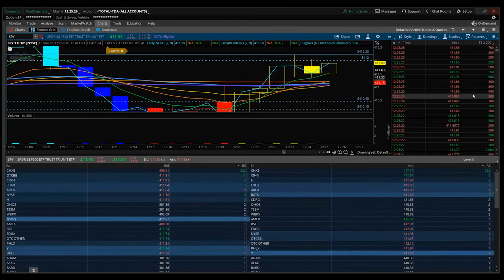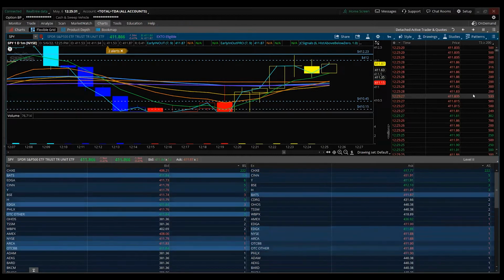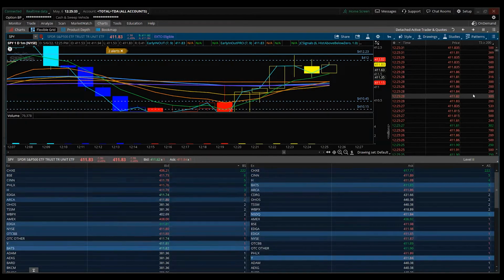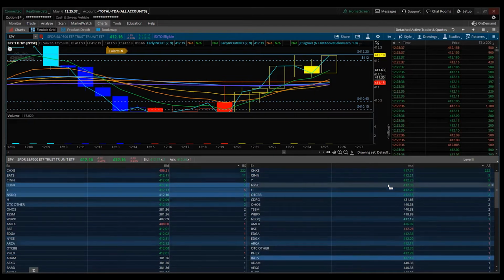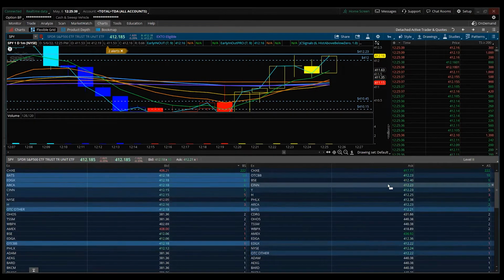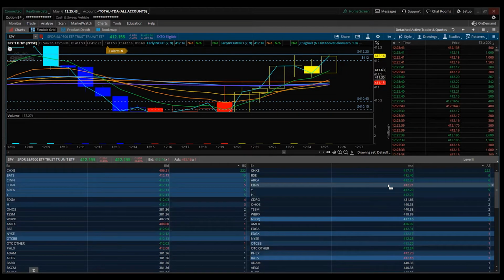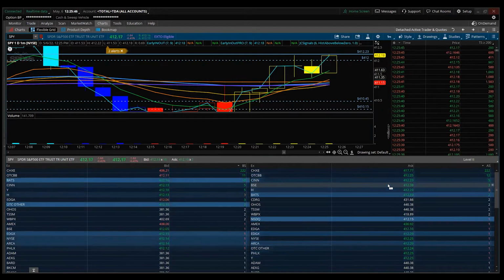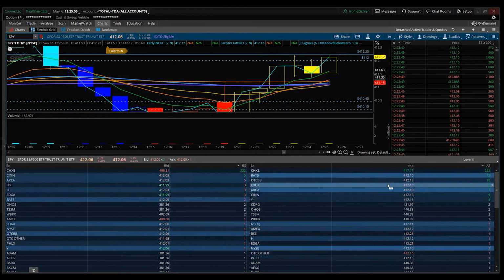Because if you can enter with these as confluences, and then you can use them for exits, right? Like we talked about before, if you're in calls and you see a big resistance level on your ask size, then that's a good indication that you could possibly be trimming or taking profits at that specific level.